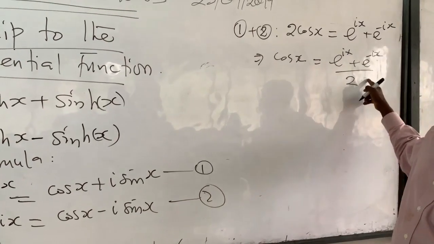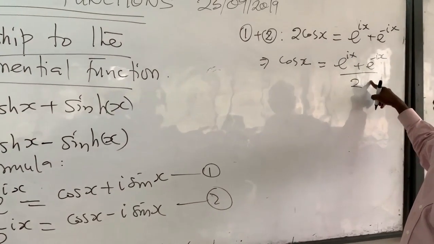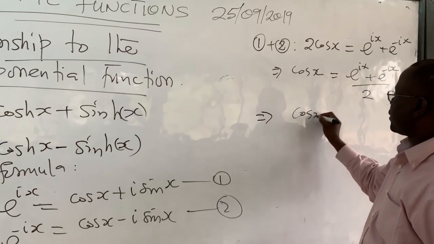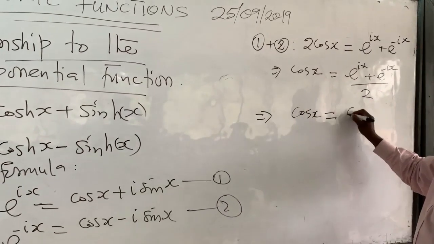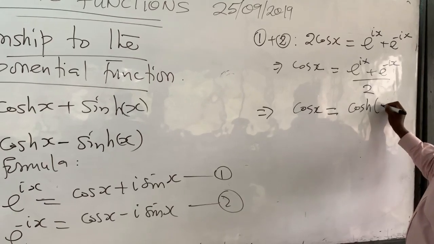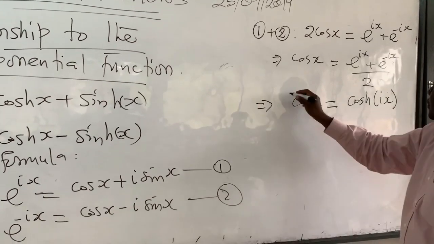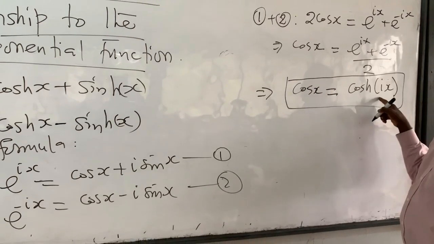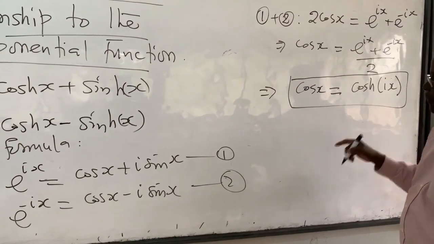But this we recognize to be the hyperbolic cosine function, which implies I can actually write cosine of x to be equal to cosh ix. See there. The trig function is related to the hyperbolic function here.